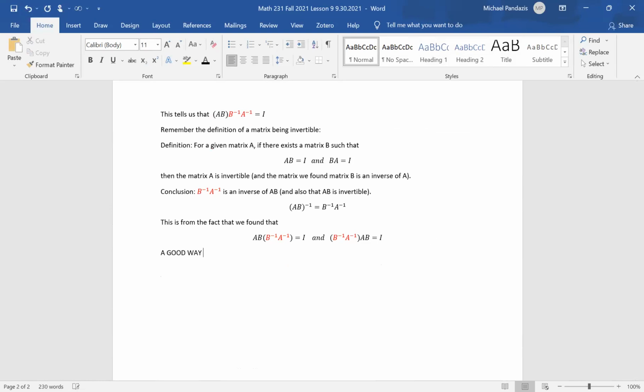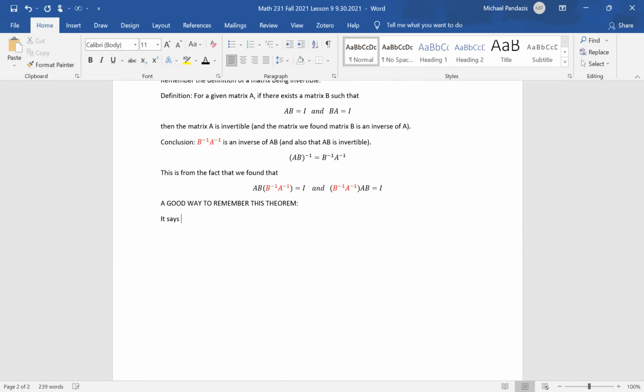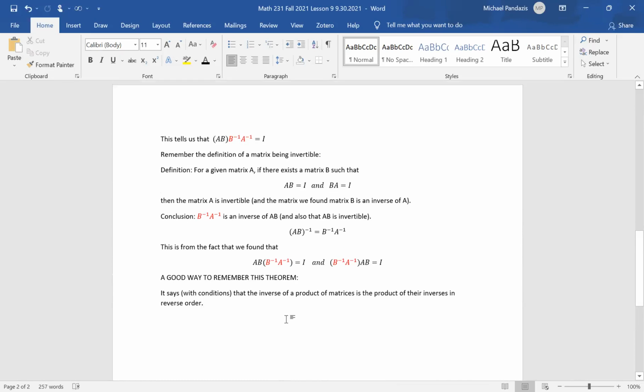So a good way to remember this theorem is that it says, with conditions, so you need these conditions to be true, that the inverse of a product of matrices is the product of their inverses in reverse order.